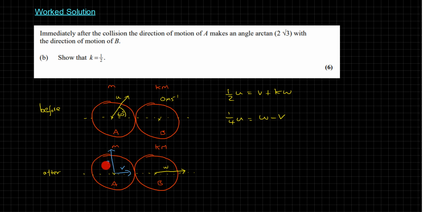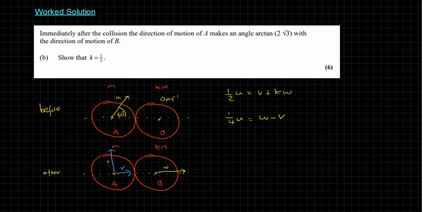Now actually, I put a question mark here earlier because I didn't really care what this was, but really we know what this is because this vertical component of the speed is perpendicular to the line of centres, which means it's just going to be the same as what it was before. So the original vertical speed of A would have been U times sine of 60.